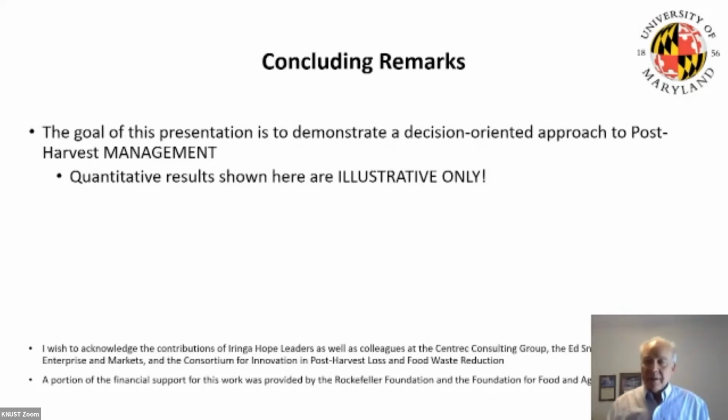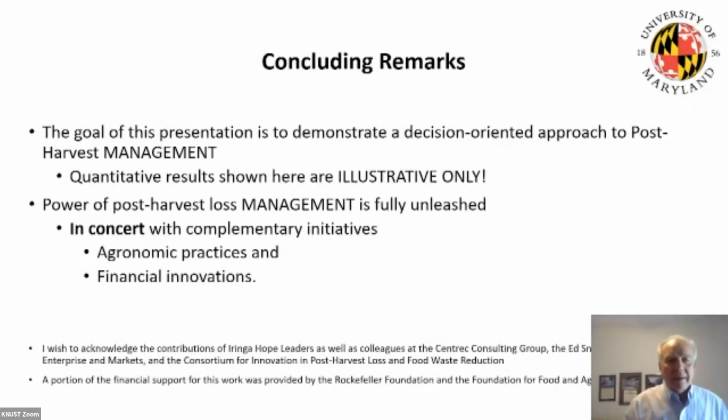I want to emphasize the quantitative results here are just shown as illustrations. The number 181 is indicative, but it is not a precise number. There is an overall implication, which is that post-harvest management technologies really can be fully unleashed only in concert, in many cases in developing agriculture, with agronomic practices and financial innovations.